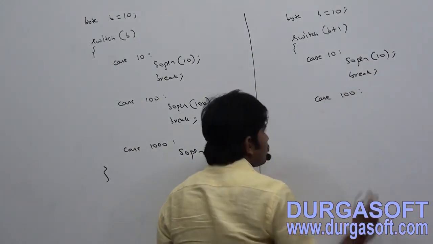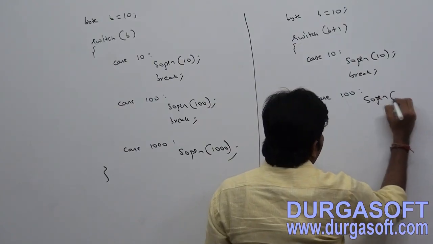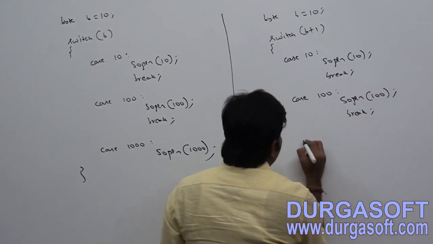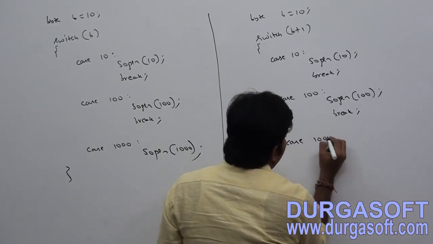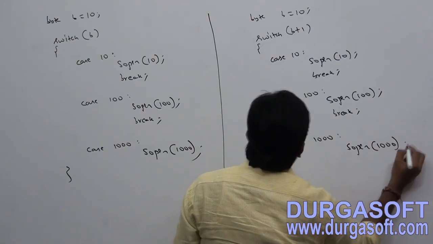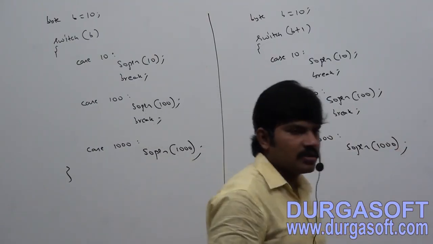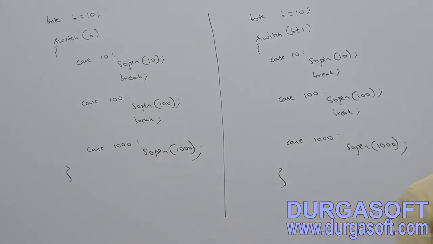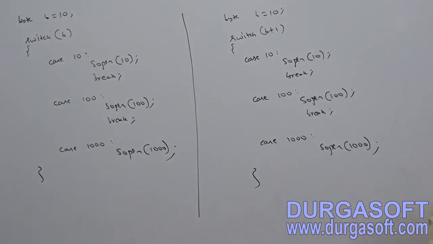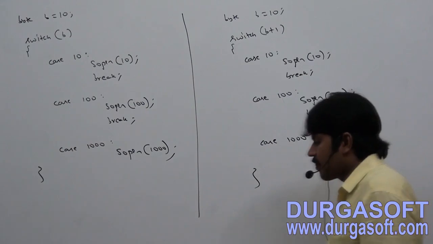Case 100, System.out.println of 100, break. Case 1000, System.out.println of 1000. Can you tell among these which is valid, which is invalid?